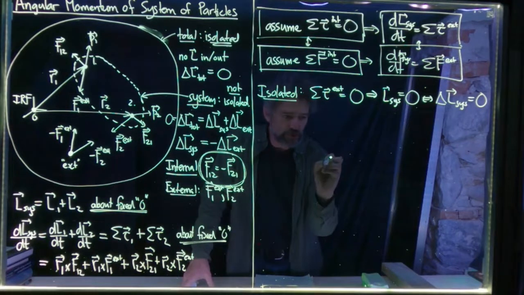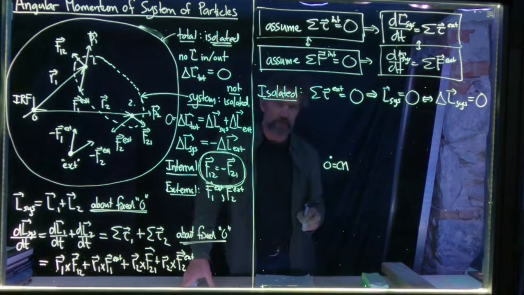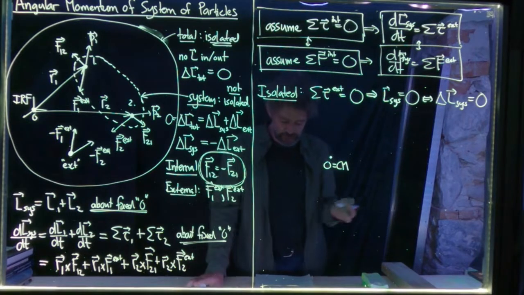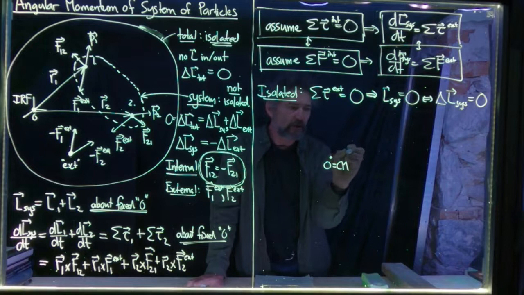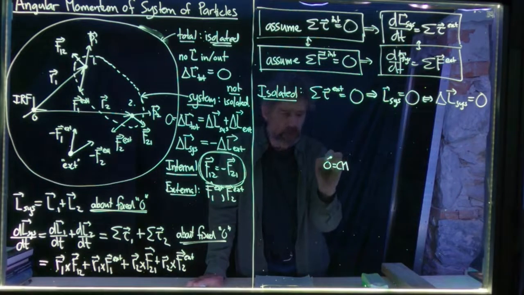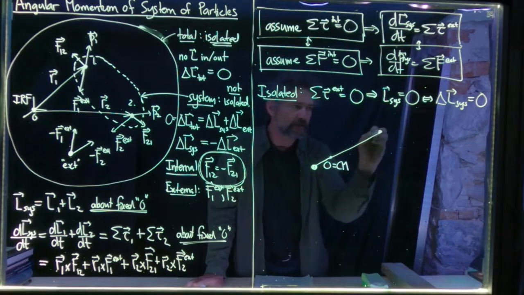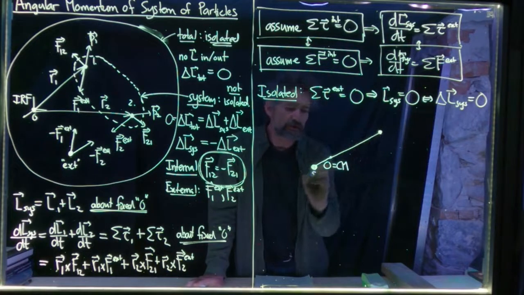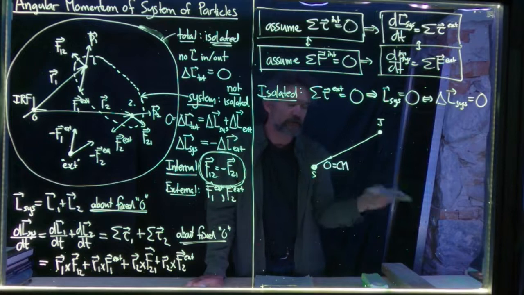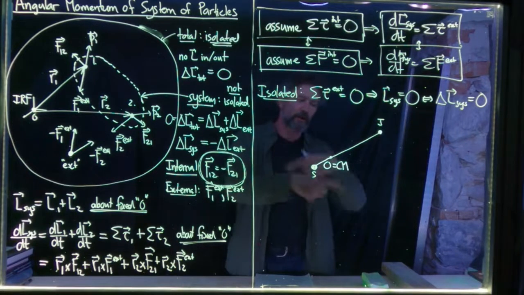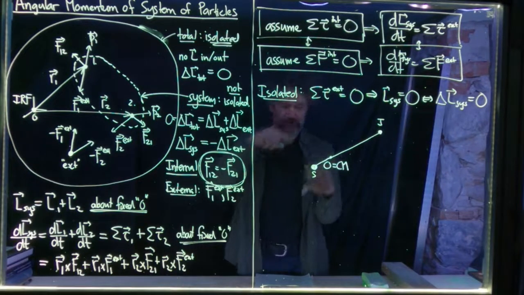So our origin, our O point, will be equal to the center of mass of the Sun-Jupiter system. And so these two objects orbit about their common center of mass. So this is the Sun, and this is Jupiter.